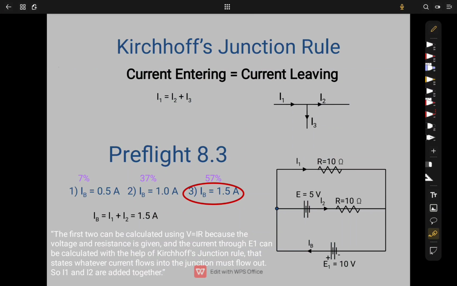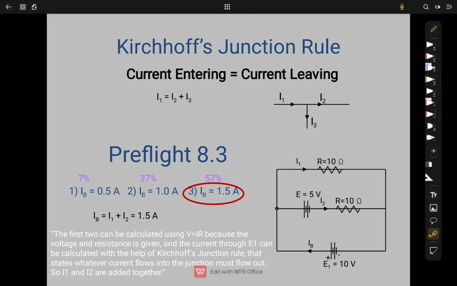Ayun, kanina nga nasolve na natin yung nasabi na nga natin kung ano yung Kirchhoff's junction rule. So the current entering is equal sa current leaving. So papansinin natin yung ating drawing dito. So we have the IB, nahati yung IB sa dalawa, we have the I1 and I2.